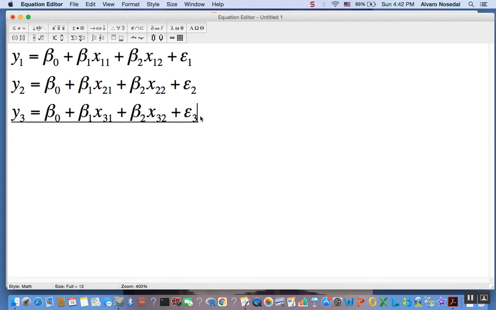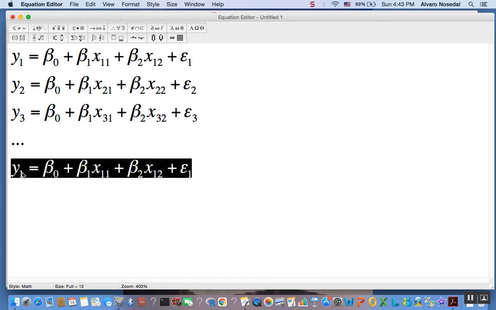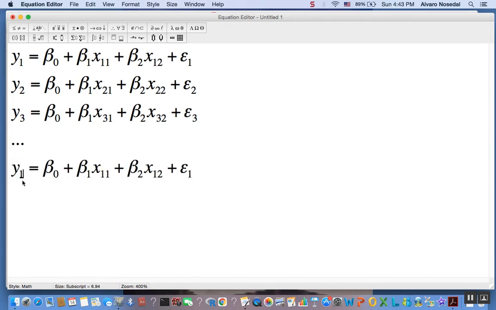And again, note that now we need a double subscript because we have more than one predictor variable. Let me write down the last one, the nth one.